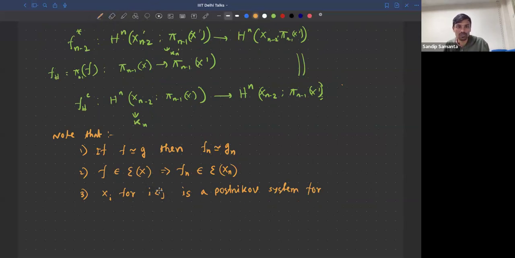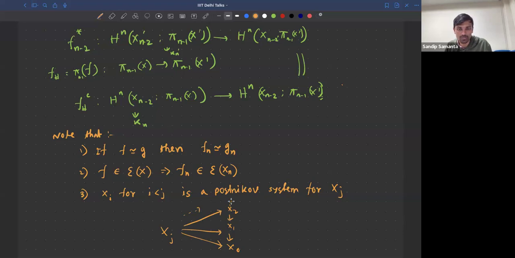The X_i form a Postnikov system. So if I consider X_i with X_0 through X_{j-1}, that's a Postnikov system for X_j, because we already have the map at each level. So for X_j, we have X_0, X_1, X_2, and so on, up to the X_{j-1}th level. After that, all the remaining spaces I can take to be X_j itself.